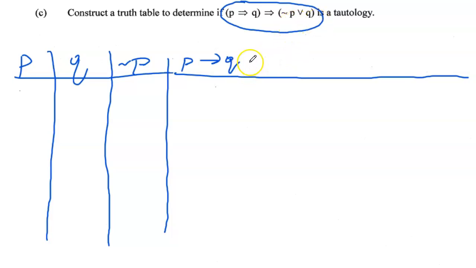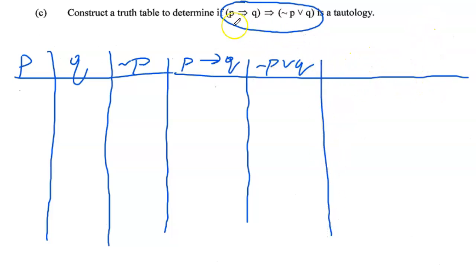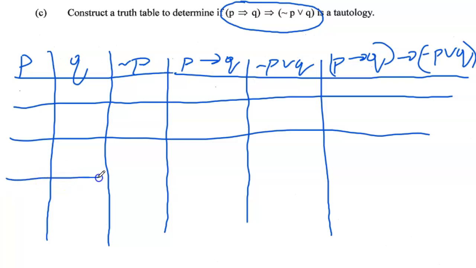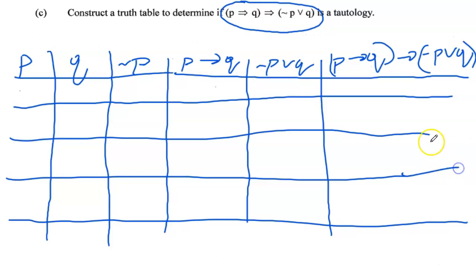We need not P or Q. And then the final column is the statement, P implies Q implies not P or Q. So with two statements, P and Q, we'll need 4 rows.